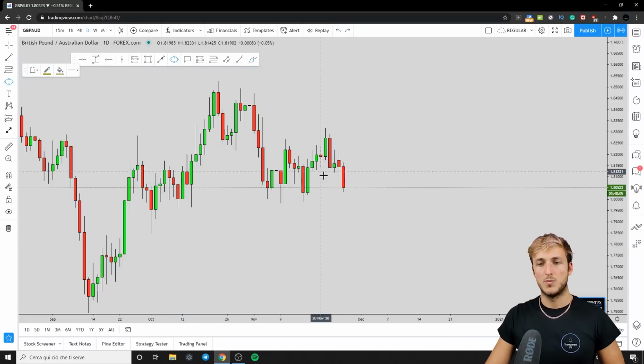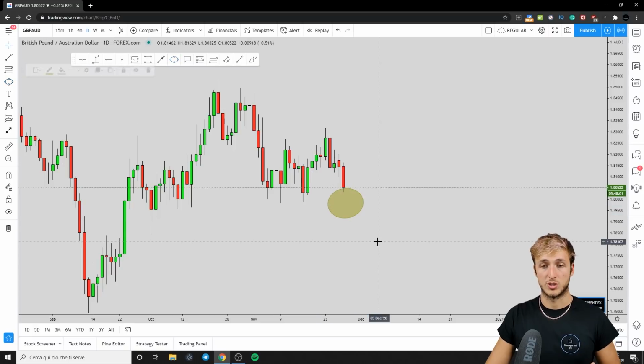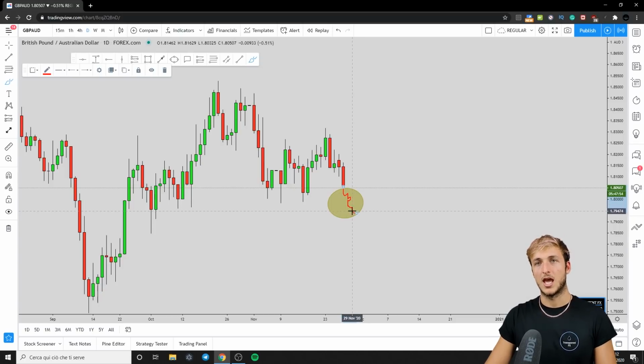So the way in which we will be approaching this with students is, as usual, being reactive and not predictive. We will be monitoring price action with students from a 4-hour perspective during the move to the downside, and we will be waiting for the market to shift from a 4-hour bearish market as we have right now to a 4-hour bullish market.